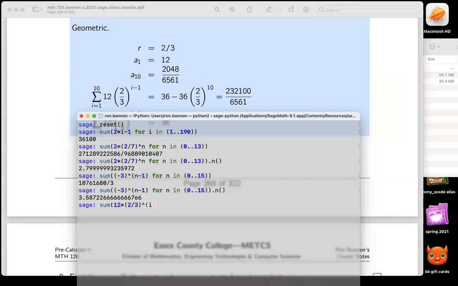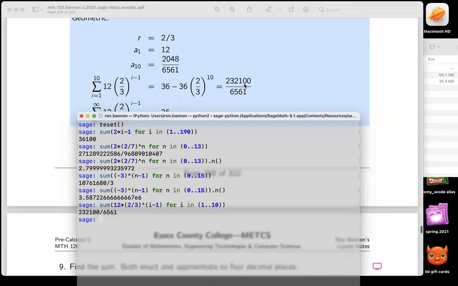Let's see, i minus 1 for i in 1 dot dot 10. What do you get? You get the number you get over here.